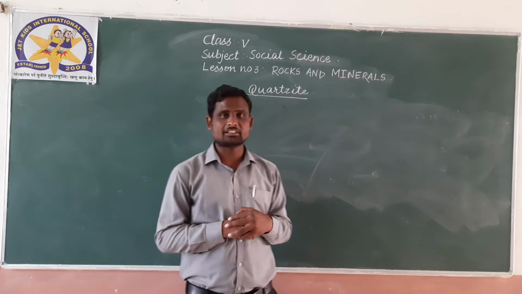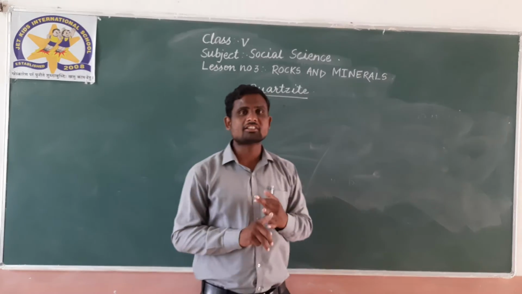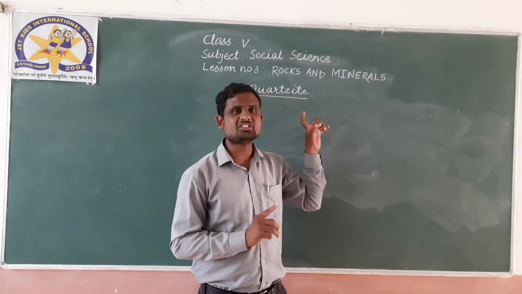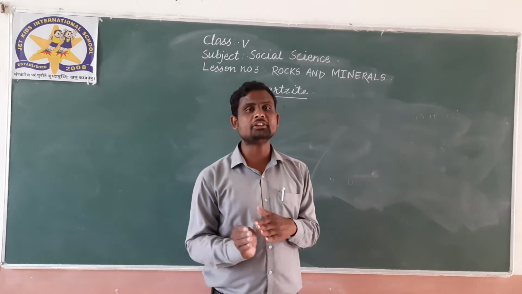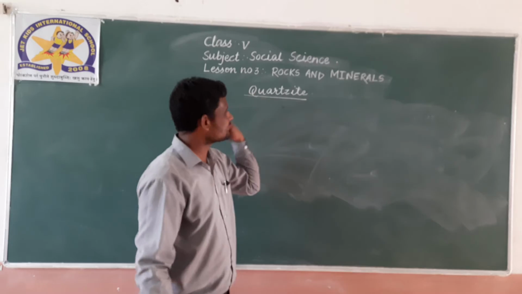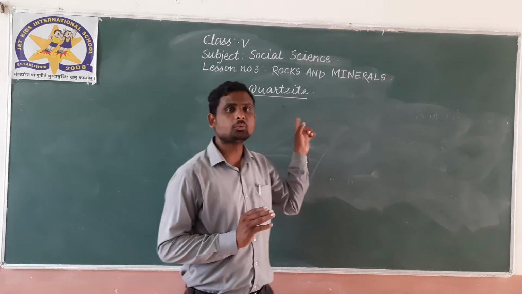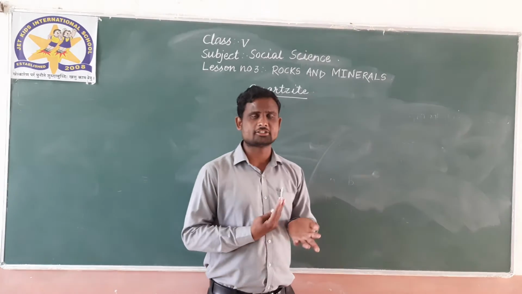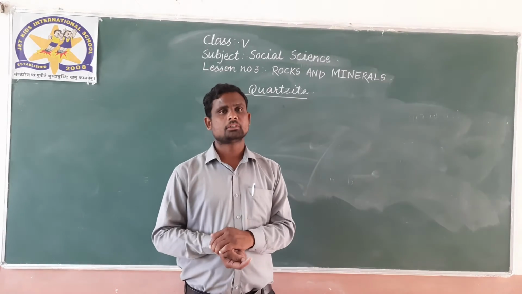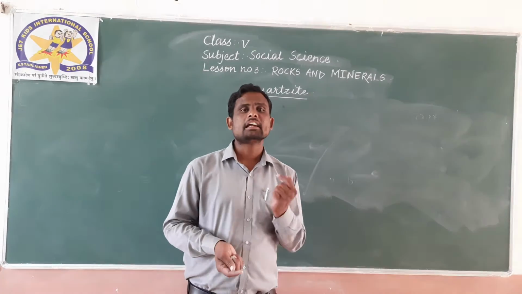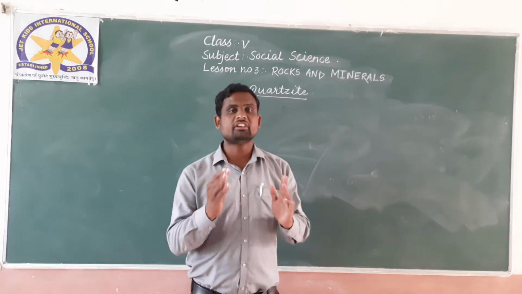The name quartzite itself tells us that it is rich in the mineral called quartz. Mineral quartz is present in large quantity in quartzite, and quartzite is very hard in nature. Now uses. Quartzite is used for making statues, glass, and it is also useful for making jewelry.